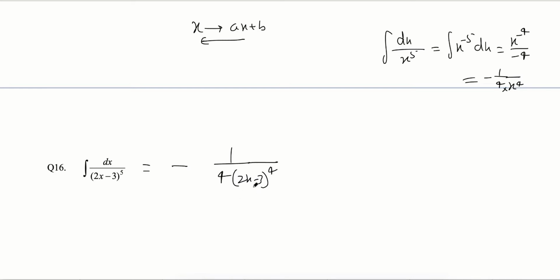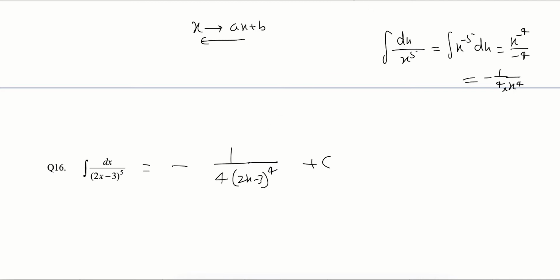But whatever the coefficient of x is there, that we have to divide here. So what is the coefficient of x here? Here coefficient of x is 2. So we must divide by 2 also. So 1 by 2 means this will become 8. I will write it, otherwise some people will cry, saying, 'Yes sir, what are you doing?